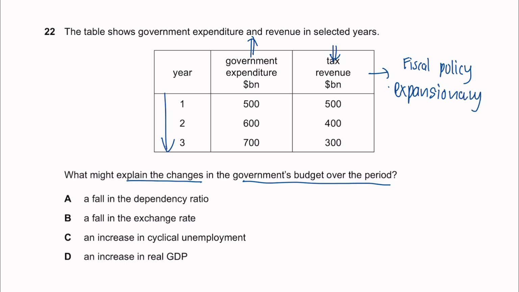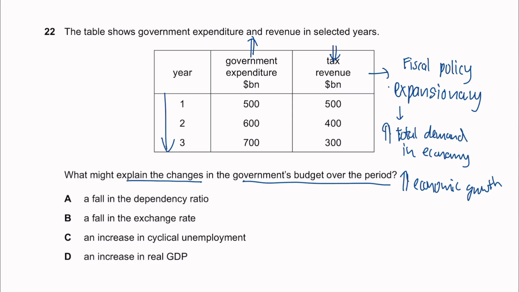So this is the expansionary fiscal policy. It's used to increase the demand, the total demand in the economy, to boost economic growth. So in what case would a government want to increase economic growth?